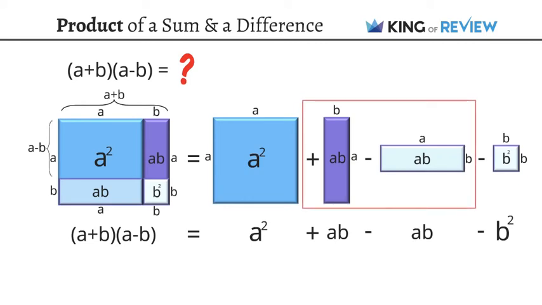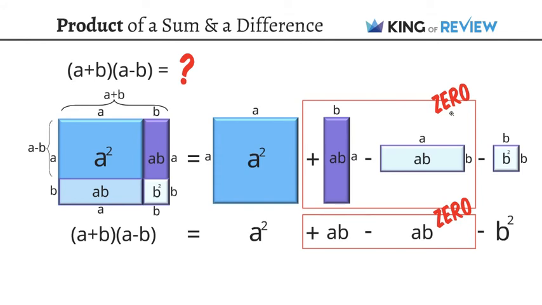Okay, let me have your attention here. You know, this is 0, right? Plus something and minus the same thing is nothing, right? It's the same here. This is 0 as well, right? So this is equal to a squared minus b squared, right?